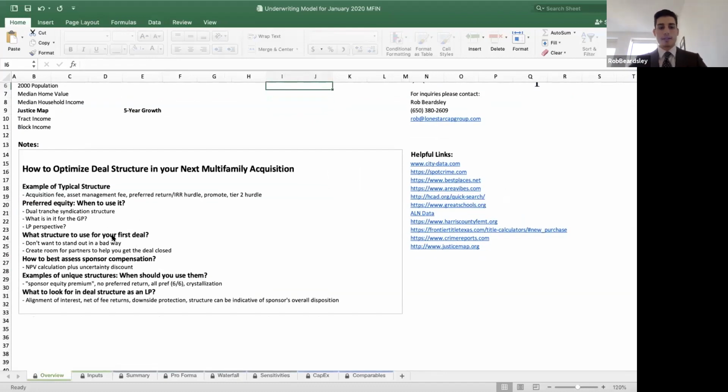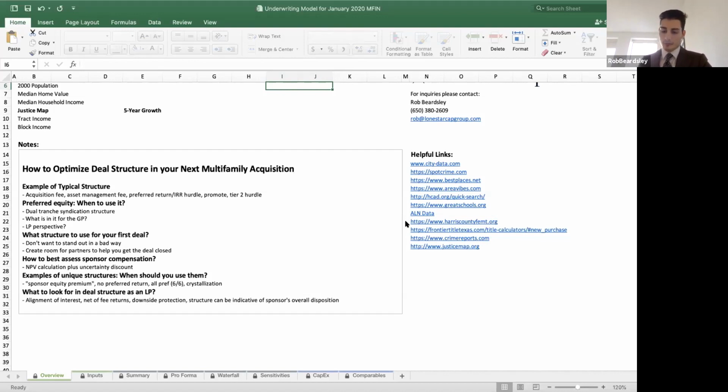So we've discussed a little bit about preferred equity and how to measure your sponsor compensation. So let's just look at the chat real quick, and then I'll address, okay, what percentages on average do you see for acquisition fee and asset management fee? Okay, great question. So the average for acquisition fee is 1 to 2%.